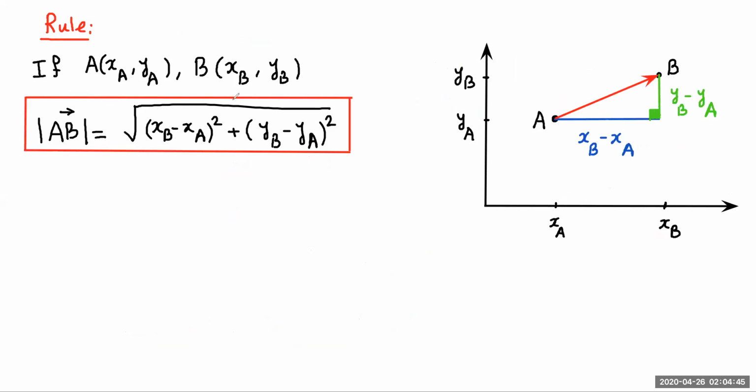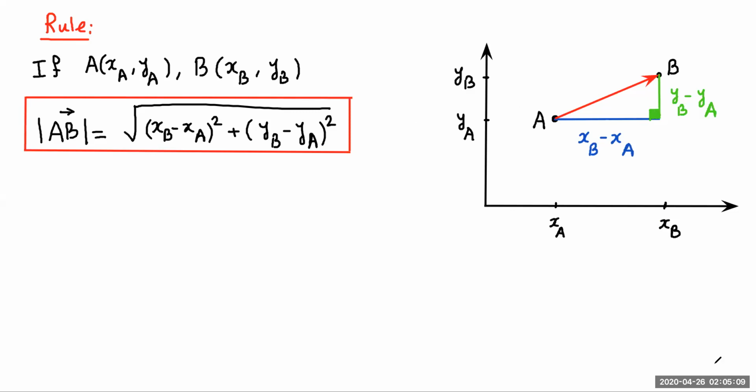Let's continue. So we have a rule here that if I have 2 points A and B, then the length of the vector AB will be root of xb minus xa, this length in blue, squared, plus yb minus ya, this length in green, squared, root.